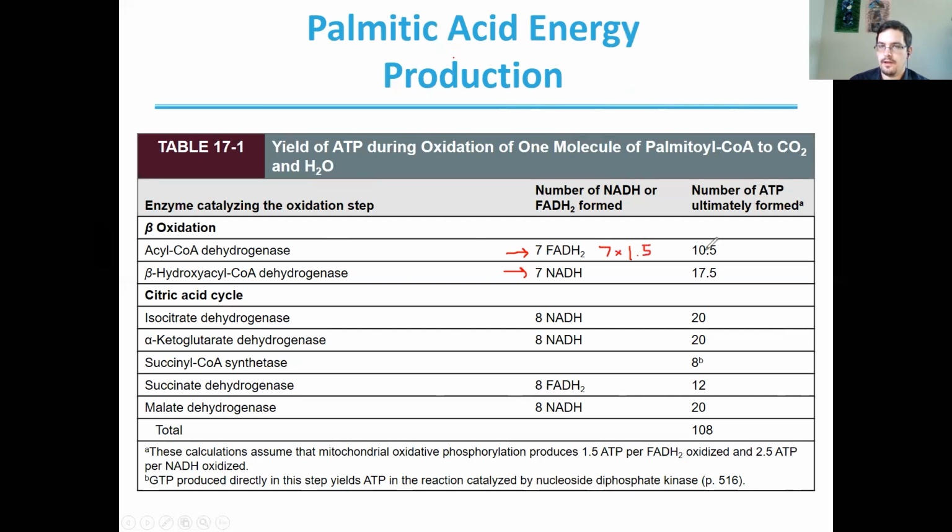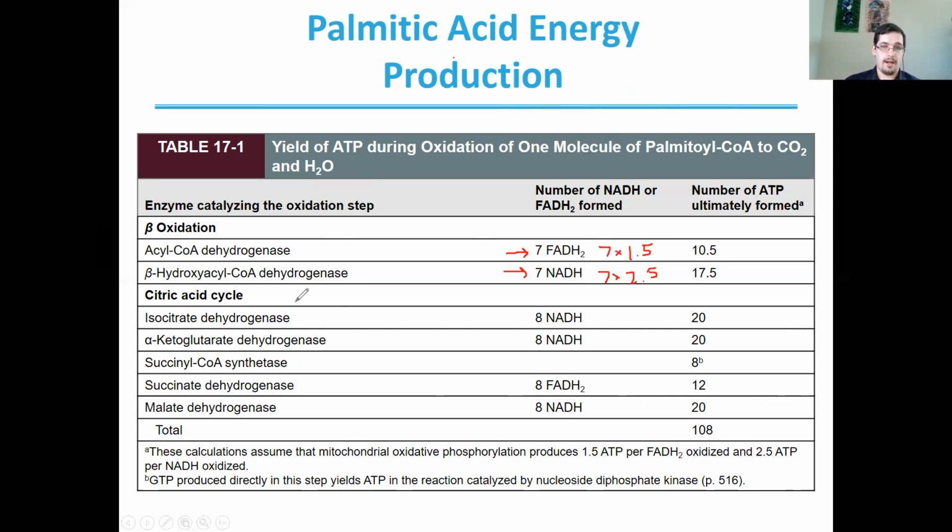So that gets us our 10.5 ATP here. 7 times 2.5 gets us 17.5 ATP here from the NADH. So that's from the 7 cycles of our palmitic acid going through the beta oxidation.